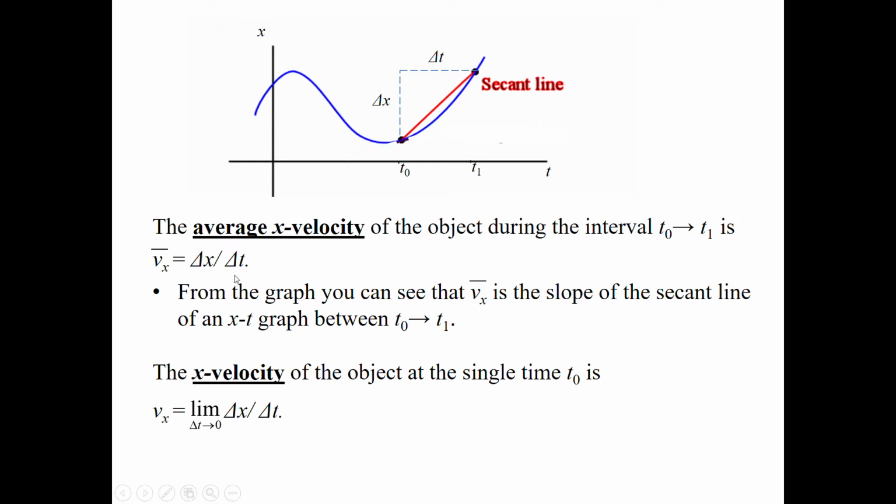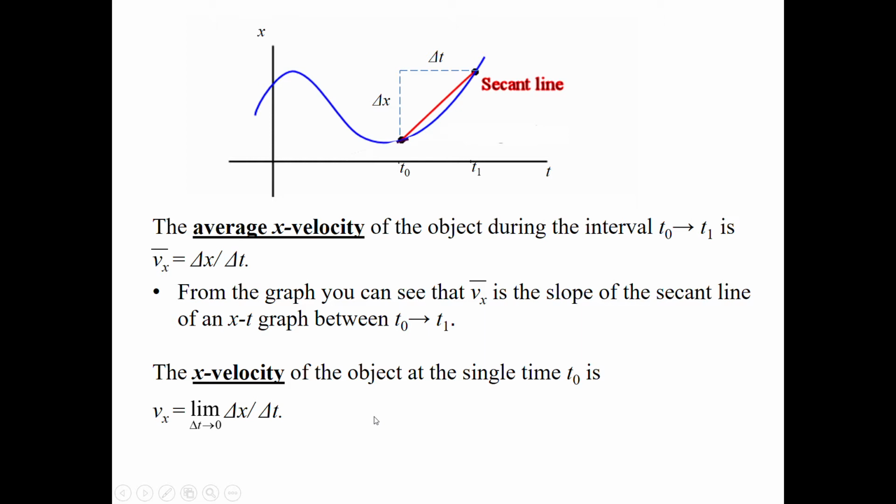And the graphical interpretation is if we make a graph of the position on the x-axis as a function of t for the motion of an object, then if we look at where it is on the graph at t0, and also where it is on the graph at t1, and we connect those 2 points with what's called a secant line, the average x velocity is nothing other than the slope of the secant line on the x versus t graph. That's kind of a mouthful, but we'll get used to saying it.